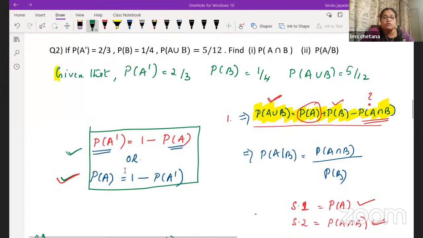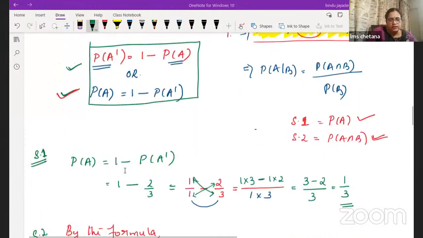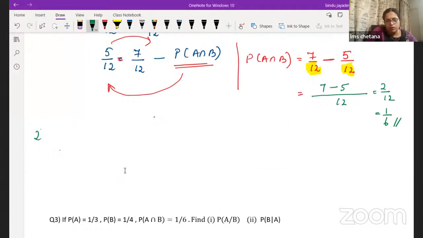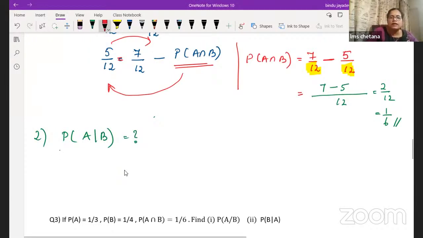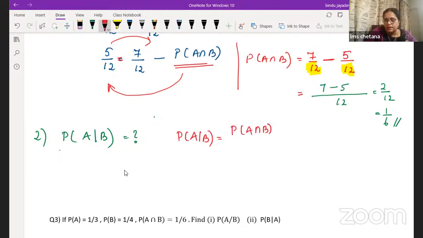Now what you want to find? Probability of A given B. Second question. Second question we are going to do. What is probability of A given B? This is easy for you now. What is probability of A given B by formula? Probability of A given B equal to probability of A intersection B. This is common for both, right?